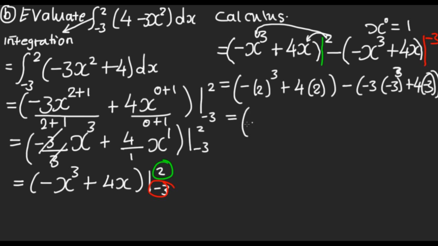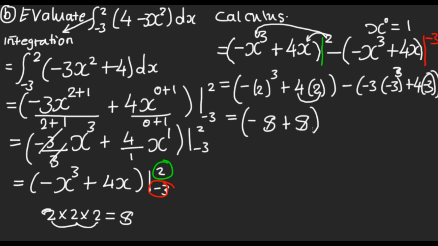So 2 raised to the power 3 is 2 times 2 times 2, so 2 times 2 is 4, 4 times 2 is 8. So here we get 8 plus 4 times 2 will give us, again, 8, right?